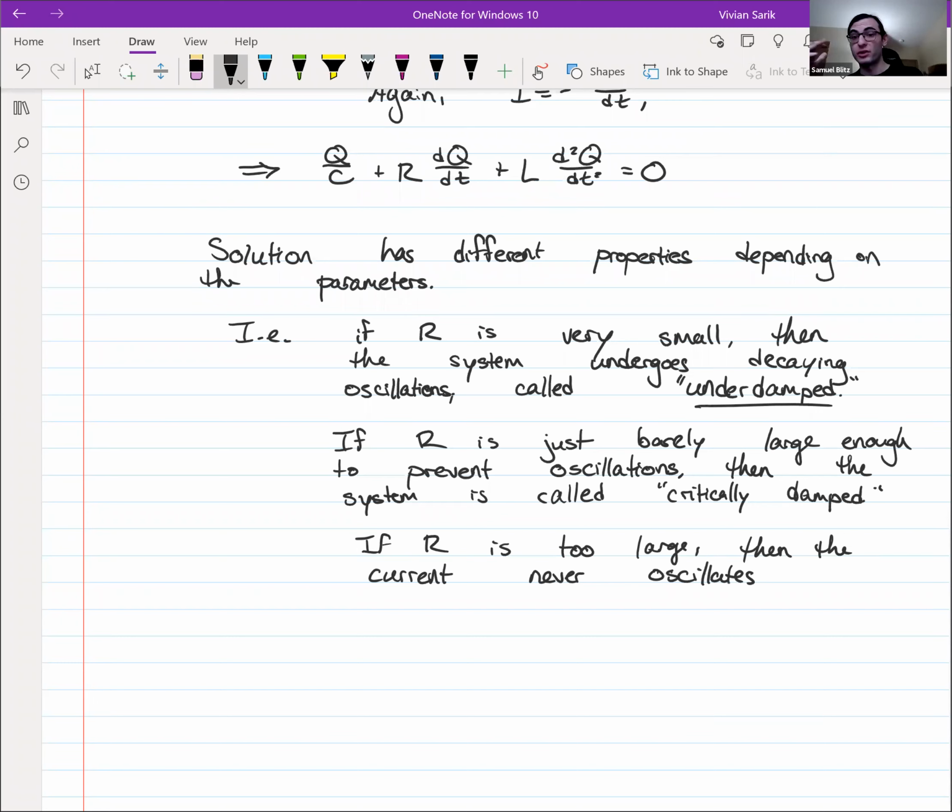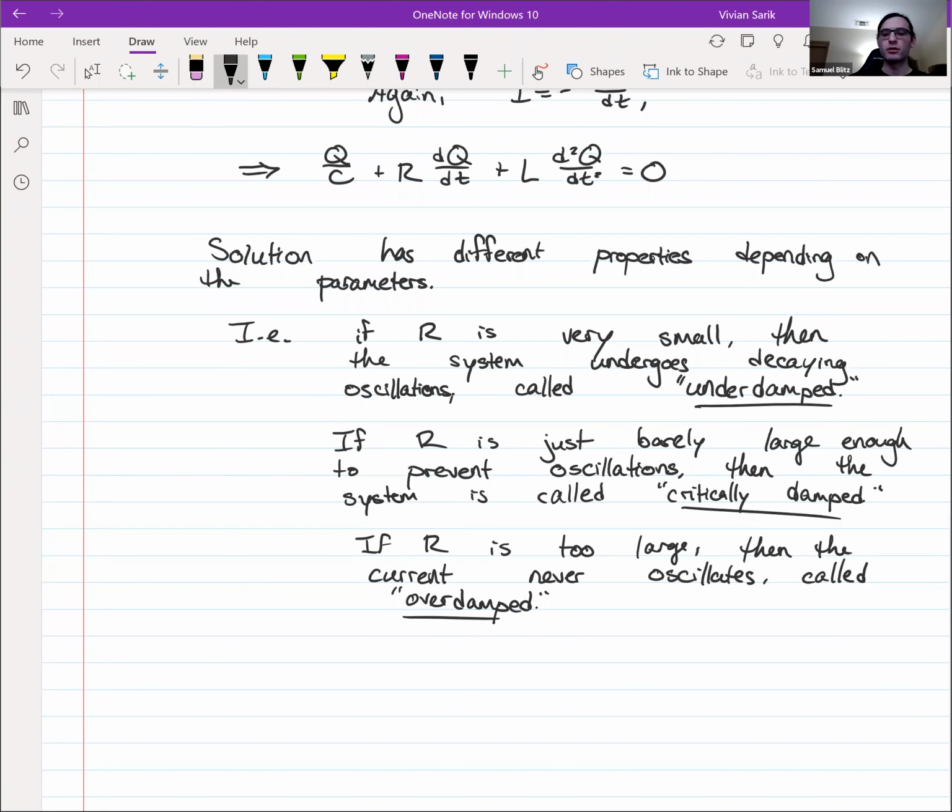You can have two LRC circuits with different values of resistances and capacitances and inductances, but they're otherwise the same circuit, where one of them oscillates back and forth for a good while and the other one just goes to zero after however long. So in that case, where R is too large, this is called overdamped. Clearly, physicists are very clever with our naming conventions.